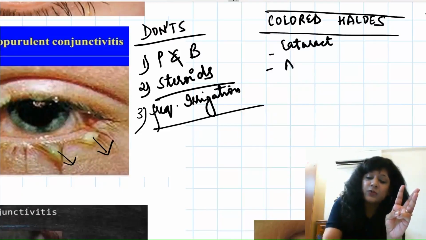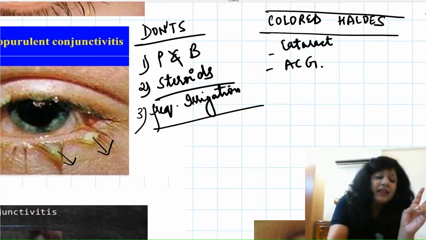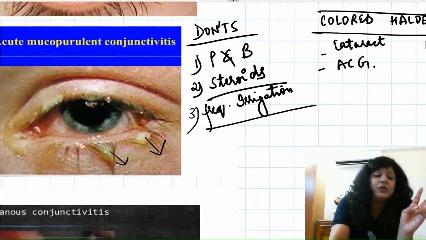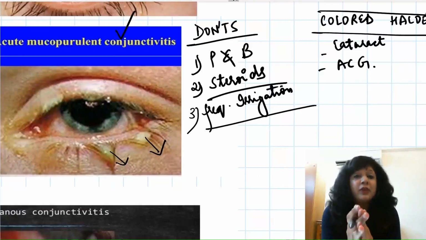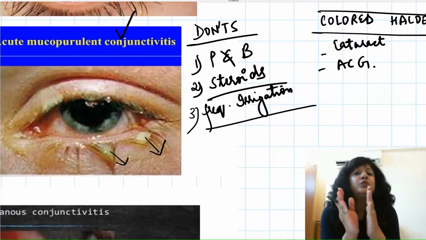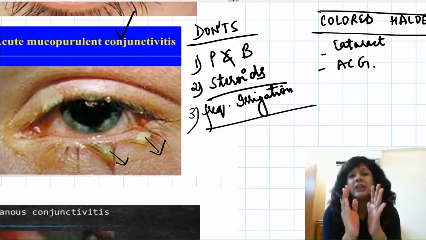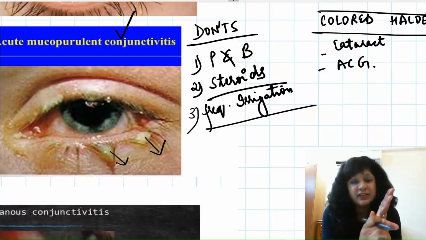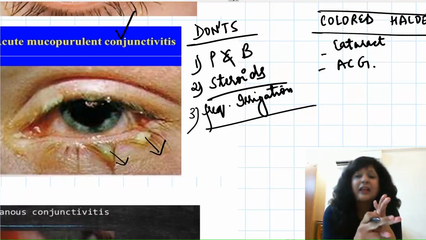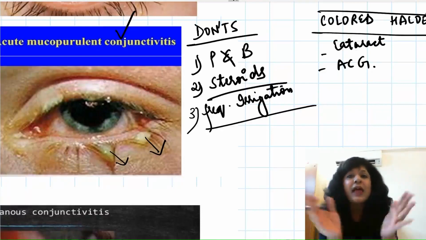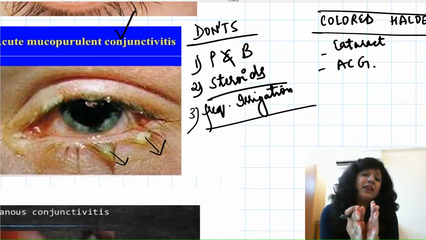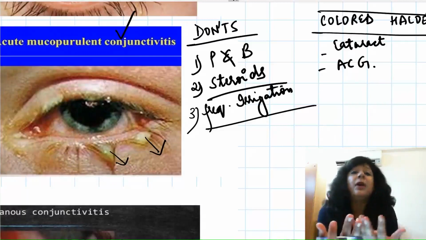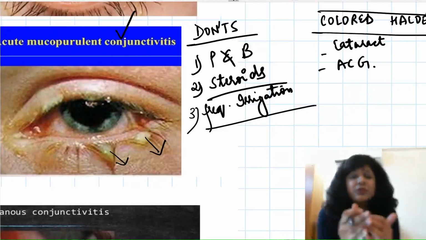Second is acute congestive glaucoma, and third is acute mucopurulent conjunctivitis. So whenever you get a question on colored halos, the first things you should think about are acute mucopurulent conjunctivitis, cataract, or acute congestive glaucoma, and that is how you can keep narrowing the wide range of possibilities when approaching that question.